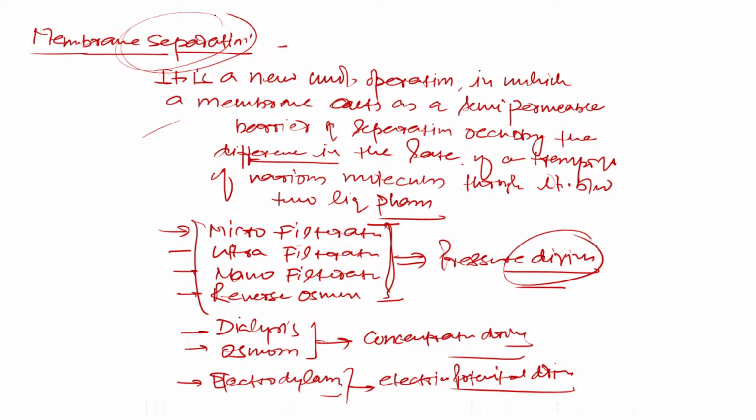You can use the filtration technique to separate suspended solids like slurries. Filtration is simply this: suppose you have suspended solids present in the liquid, called a slurry.